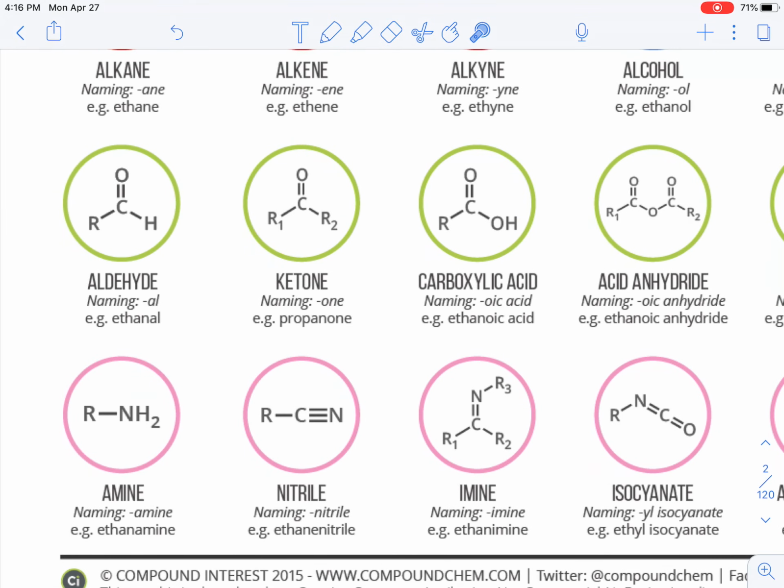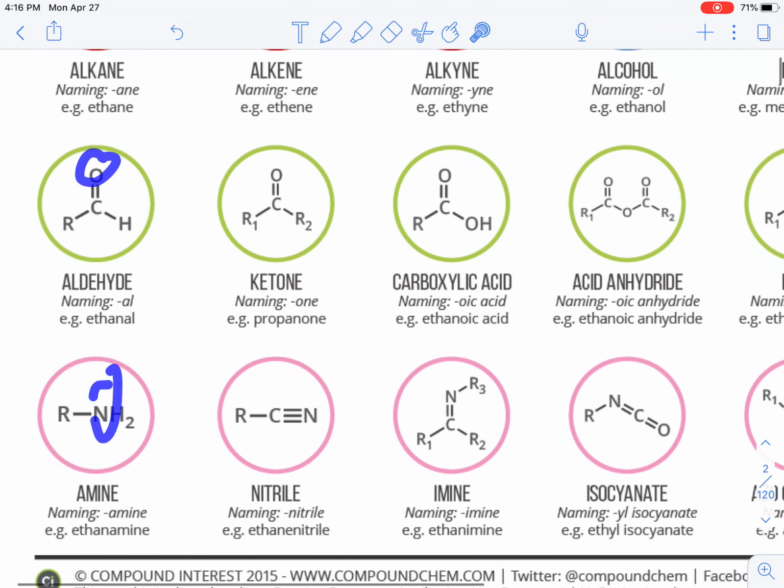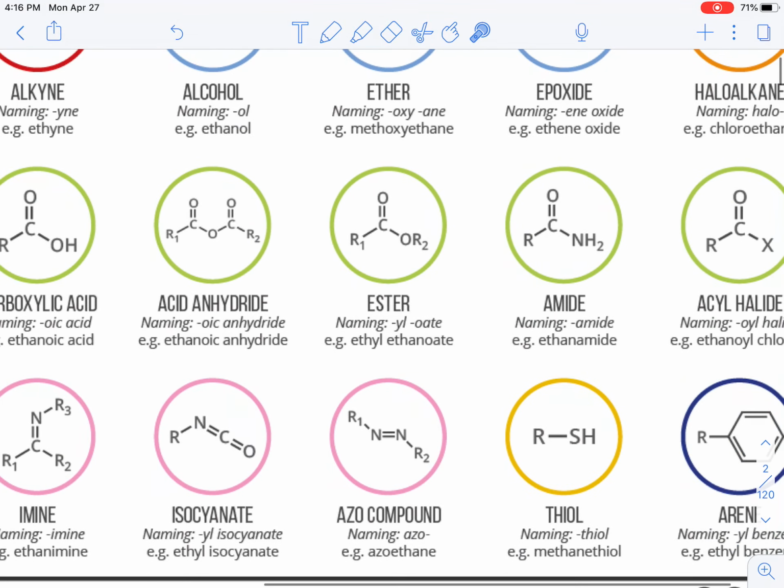Even though these heteroatoms are primarily oxygens and nitrogens, and here we have sulfur, even the way that they're arranged, whether they have a single bond or a double bond, and whether it's in the middle of a compound or at the very end of a compound, these functional groups give new physical and chemical properties to that organic compound.